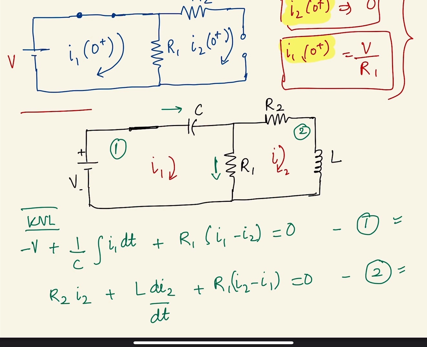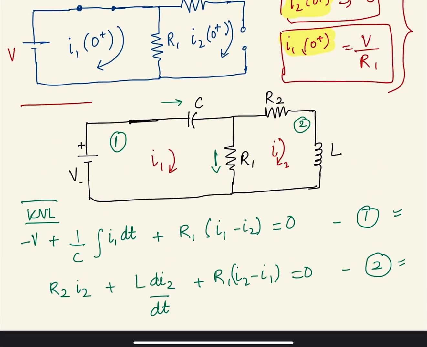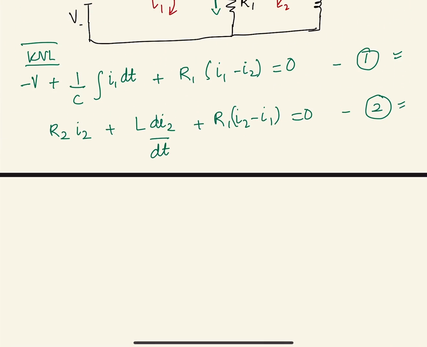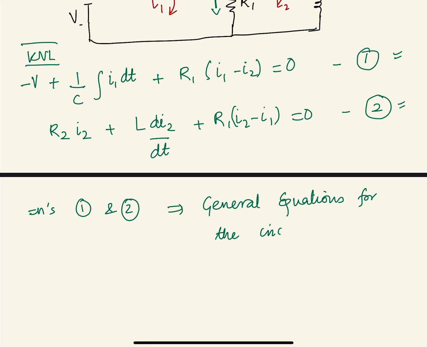Now you have to appreciate that these equations 1 and 2 are the general equations for the circuit. What does general equation mean? It means that equations 1 and 2 hold for all times. This is very important.